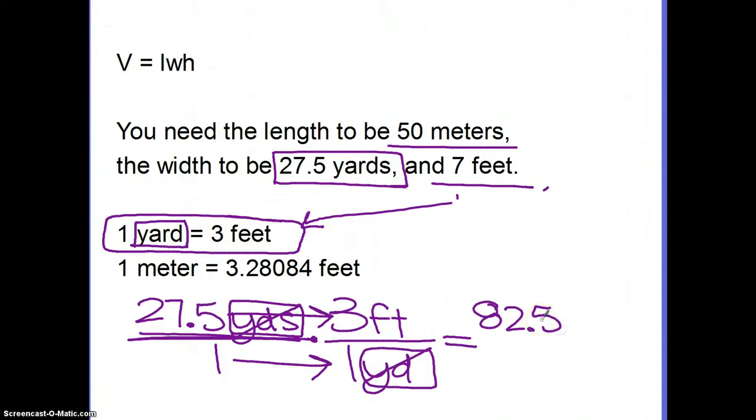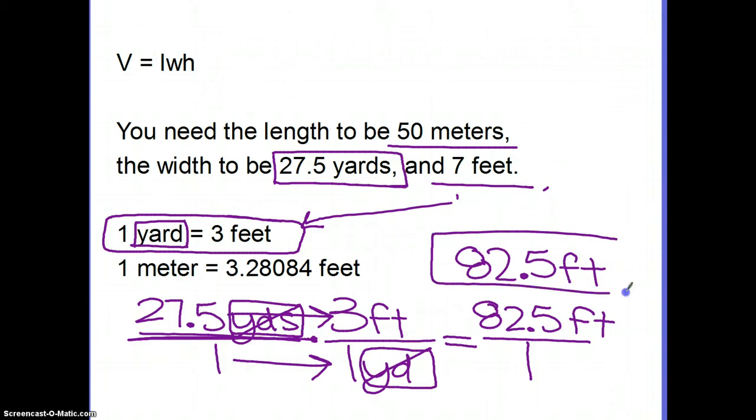And notice on the top, all I have now for my units is feet, which is what we wanted. On the bottom, I got 1 times 1, so the yards are canceled out, and that's 1. Any number over 1 is just the same number as the top. If you divide those out, it's still just 82.5 feet.